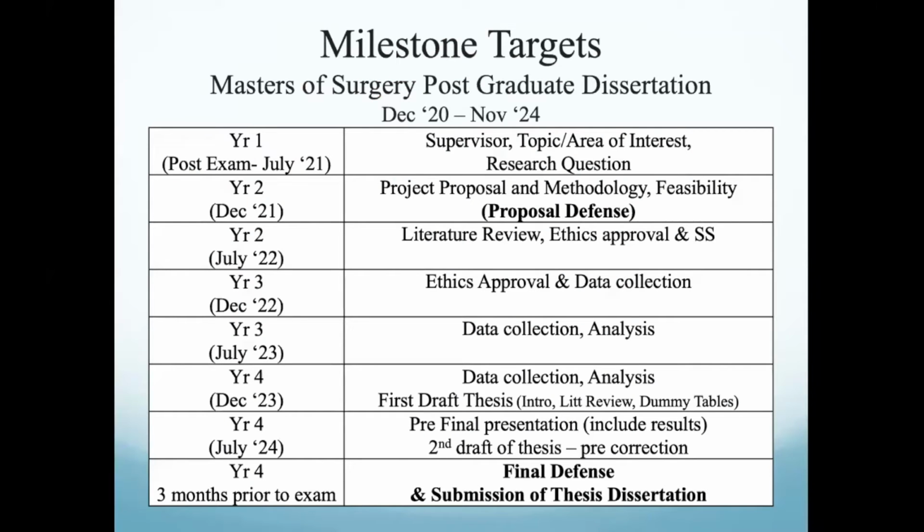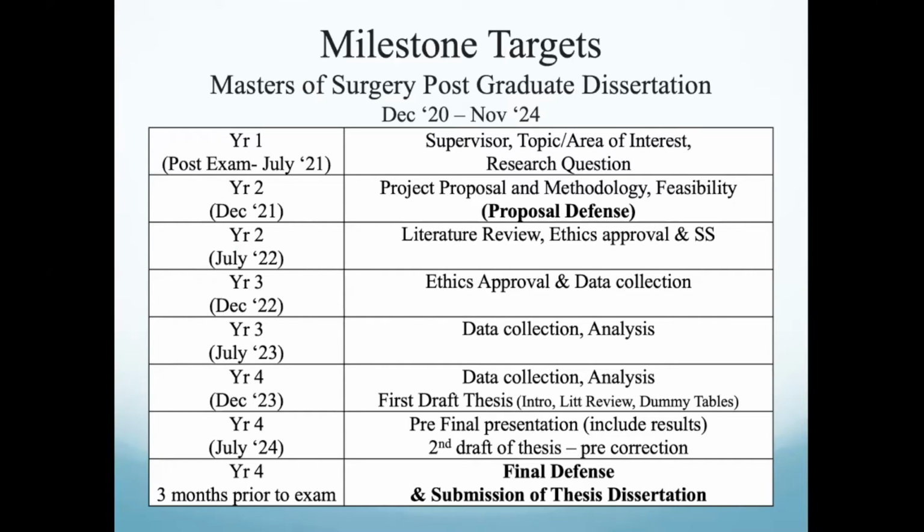So these are the milestone targets which the postgraduate committee has come up with after much trial and error. We've been trying this out for the past 3-4 years. I think Prof. Kun Leong knows this quite well. And finally, we have come up with this schedule. This is specifically for the year 1 general surgery master's candidates.